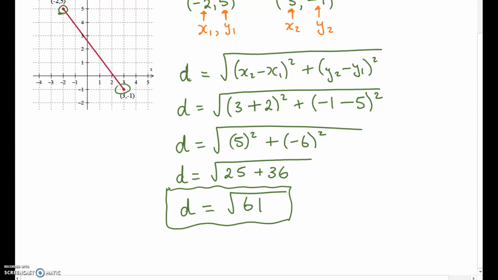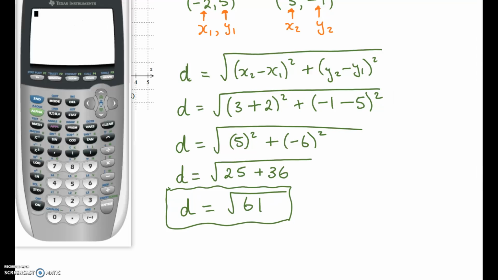But to get an idea of what that number actually is, we can use our calculator. And we can look up the square root of 61. That's 7.8102, now correct to, let's say, 2 decimal places, that would be approximately equal to 7.81.